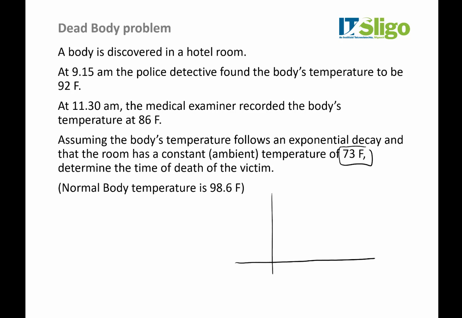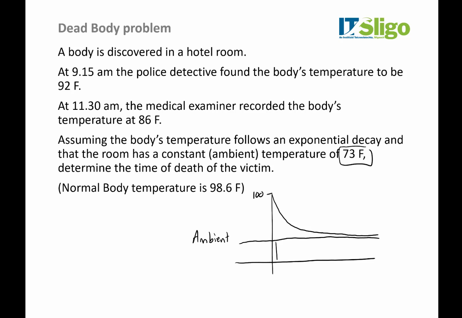Even with a cup of tea at 100 degrees, if you leave it in your bedroom for a day, the tea won't cool down to 0 degrees. It will only cool down to the temperature of the room it's in, and that's the ambient temperature.